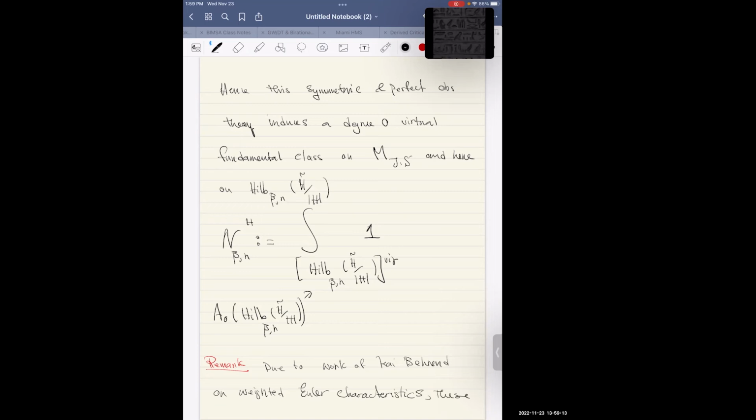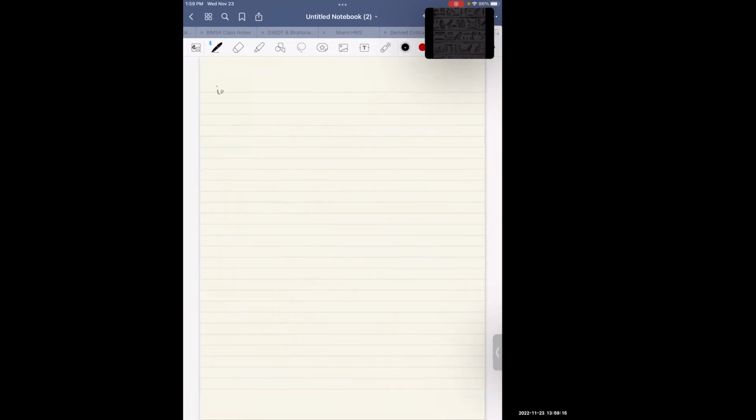These invariants can also be written as weighted Euler characteristics of the relative Hilbert scheme.